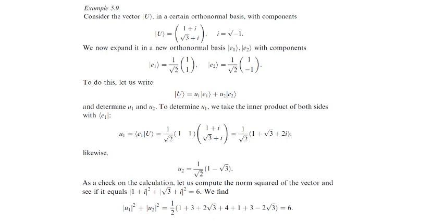And how to take the inner product of e1 with u? You will be taking it like this: 1 by root 2 row vector 1 1 and column vector 1 plus i, root 3 plus i, and this will give you this value.